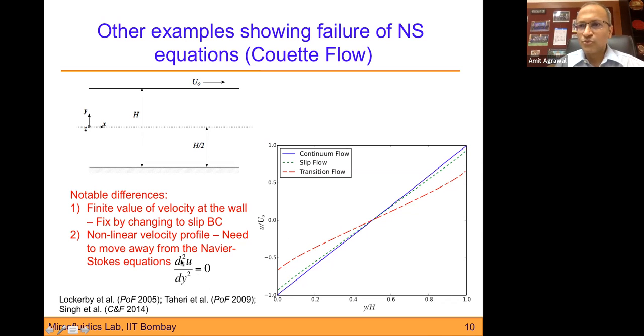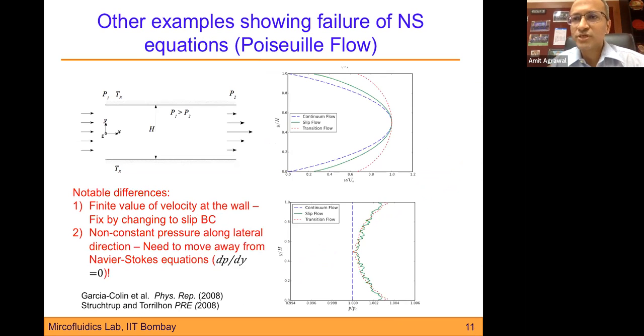No matter what you do, even if you let viscosity be a function of temperature or bring in whatever else, the theory will keep giving you a linear velocity variation, whereas observations show otherwise. So this is a very clear indication that there are not enough terms, or that something is happening which the Navier-Stokes equations do not capture well enough.